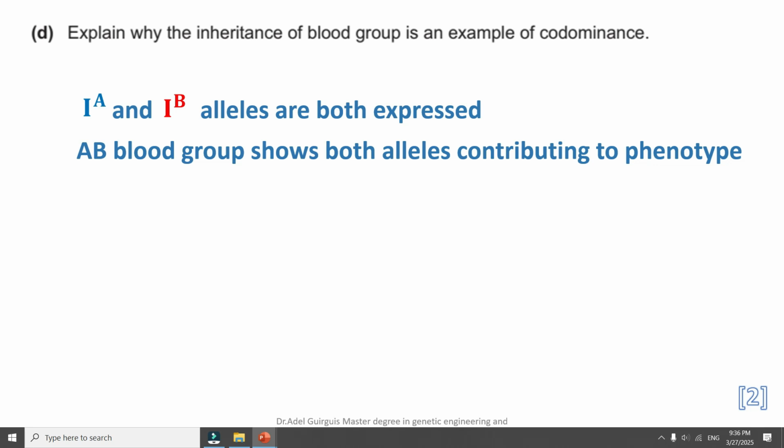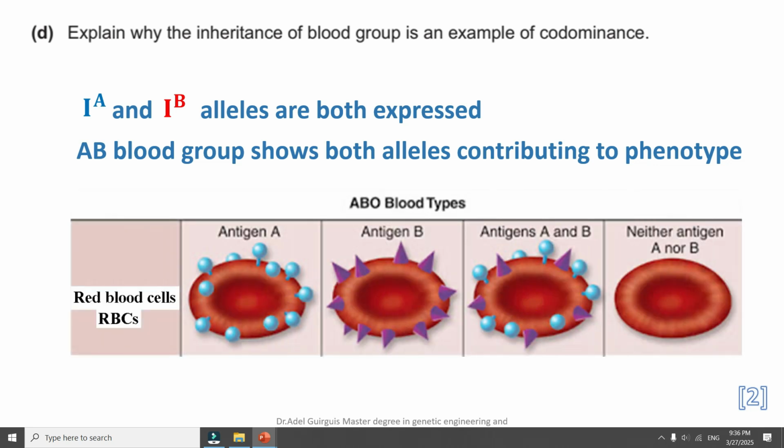AB blood group shows both alleles contributing to the phenotype, like here, AB: both alleles IA and IB are responsible for the appearance of this phenotype. The individual carries both antigens, antigen A and antigen B, on the cell membrane of red blood cells.